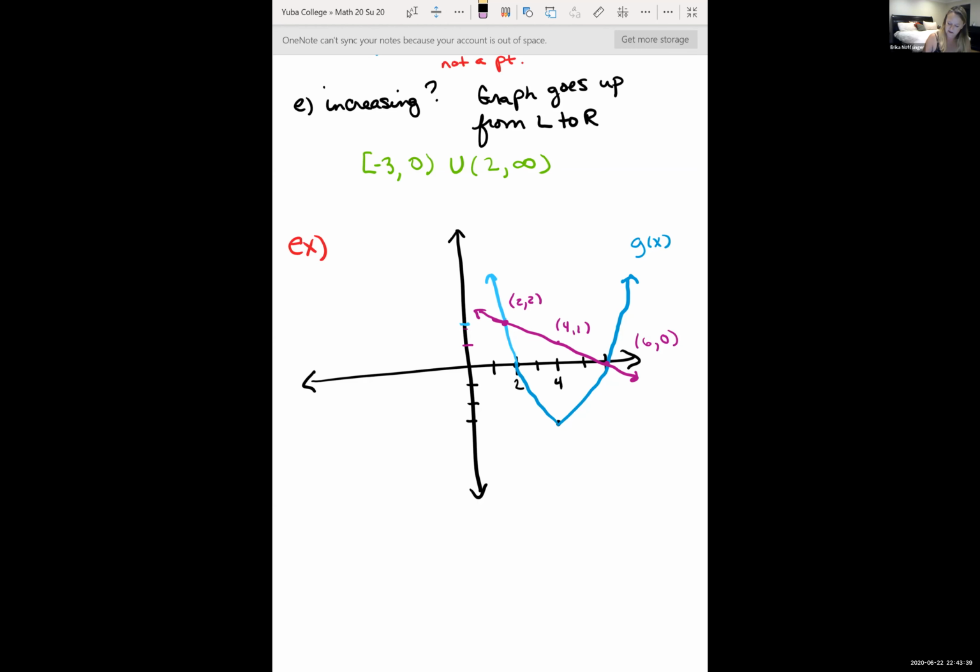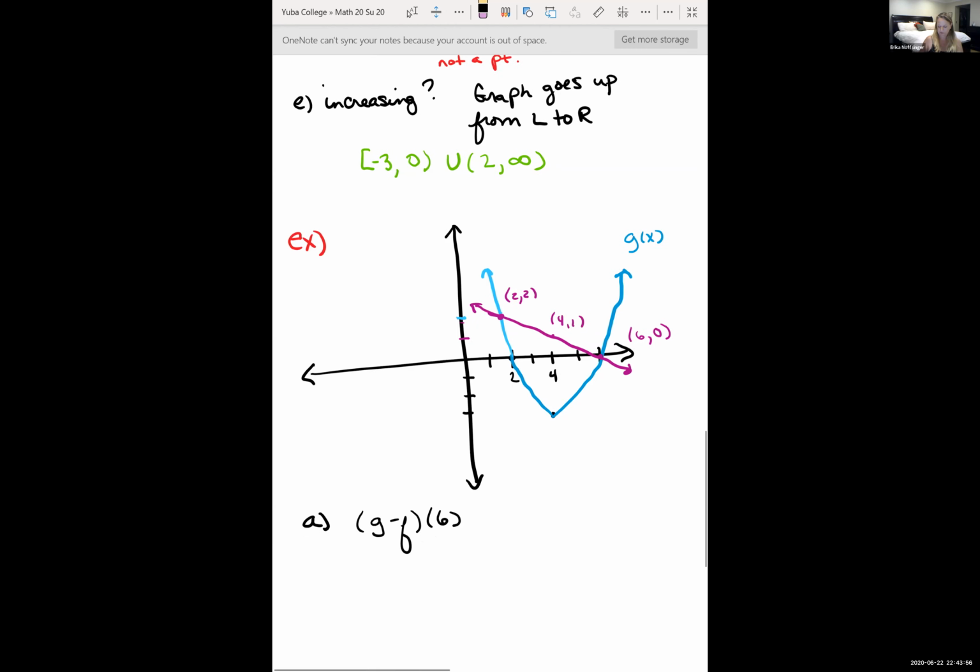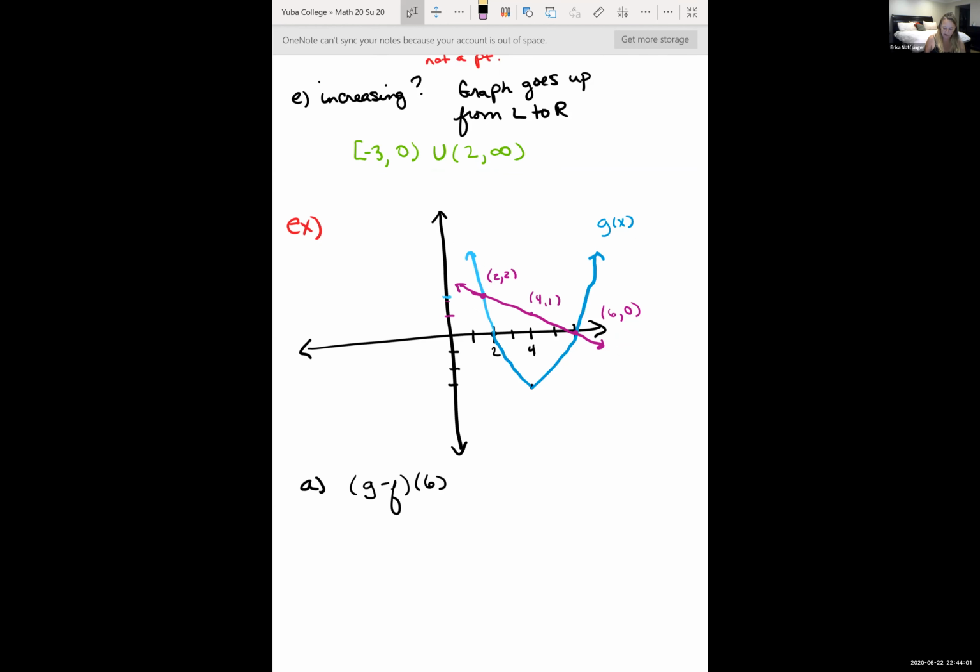So if it asked you to find g minus f, and then parentheses 6, another way to write this is saying we want to look at what is g of 6 minus f of 6. So I need to go to my equation g of x.